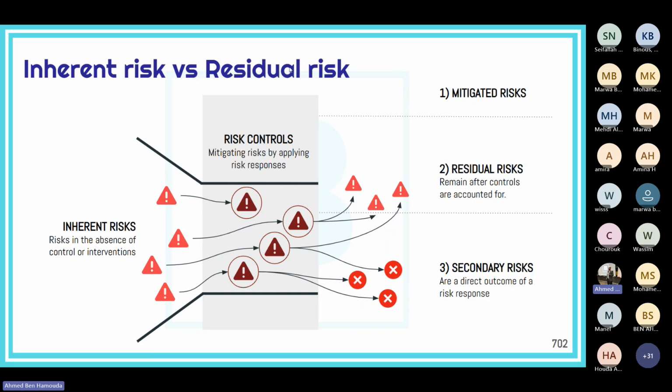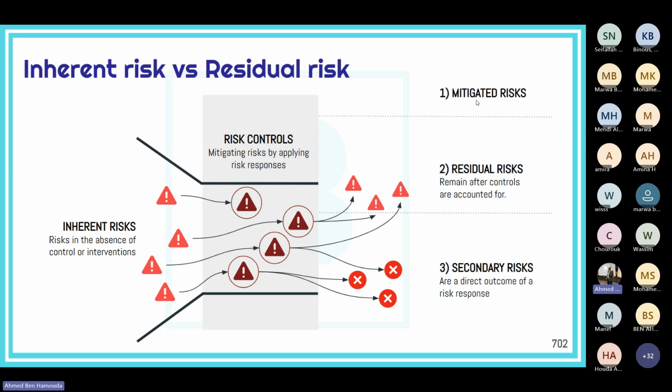Once we apply risk controls, we can have three possible outcomes. We can have mitigated risks, so the response plan was effective. Either we reduced the probability of occurrence, or we reduced the potential impact, or maybe we eliminated the source of the risk.